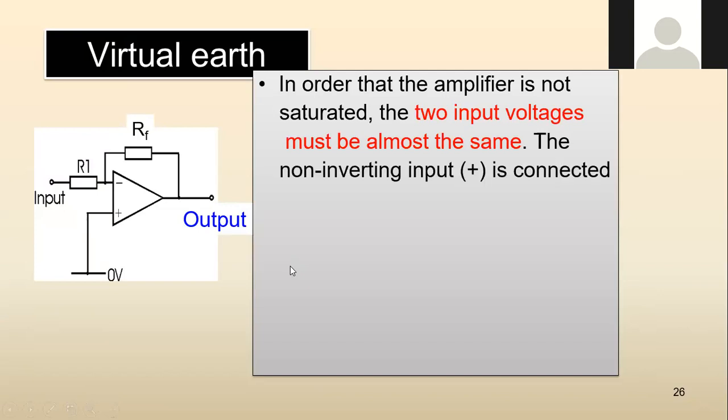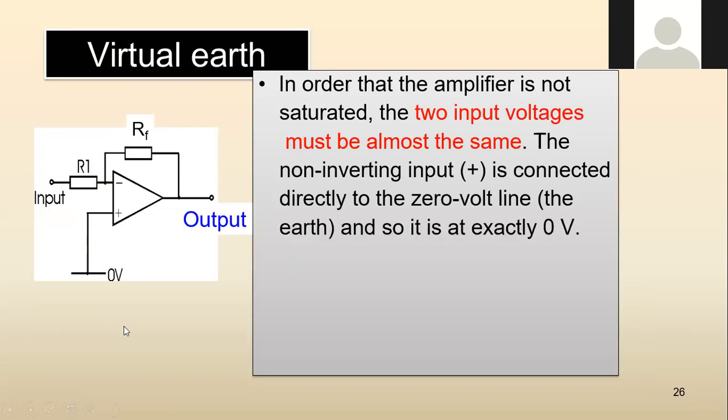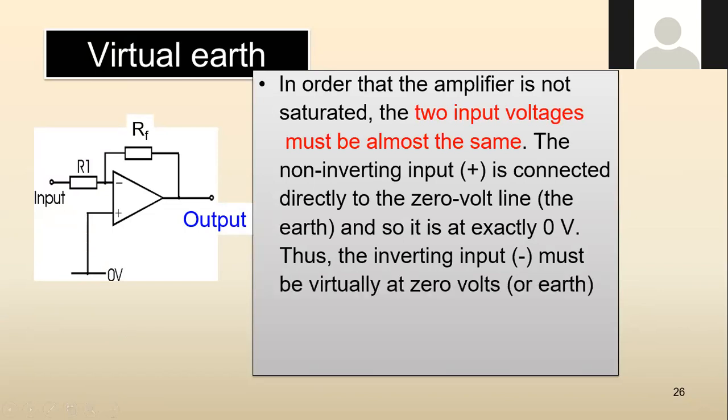The non-inverting input is connected to zero voltage. It doesn't have to be connected to zero, but usually for this stage, we connect it to zero voltage, or the earth line. Thus, the positive input is connected to earth, so that inverting input, that point there, must also be close to earth, zero.